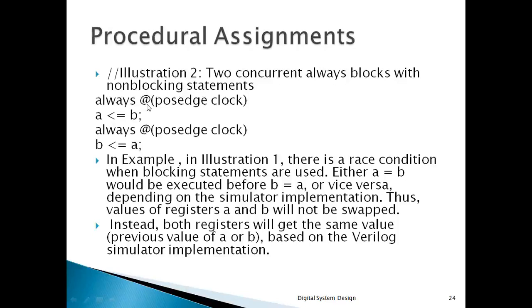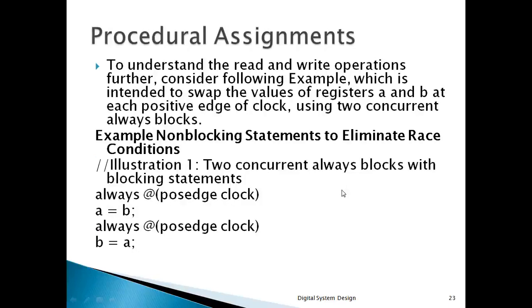Here you can see that two always blocks are used, and here we are using non-blocking assignment. In one, there is a race condition when blocking statements are used. Either A = B would be executed before B = A or vice versa. Here A = B is assigned because of blocking.